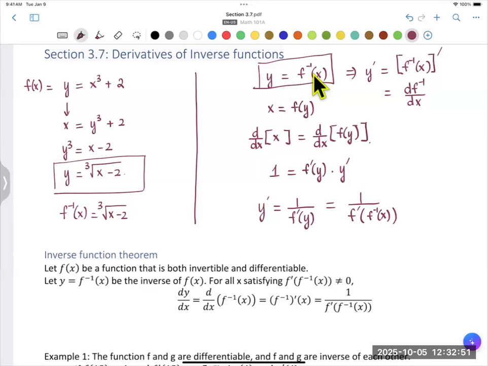Okay, so y is the output of the original function. So the other way to think of it is the derivative of the inverse is 1 over f prime of the output of the original function.